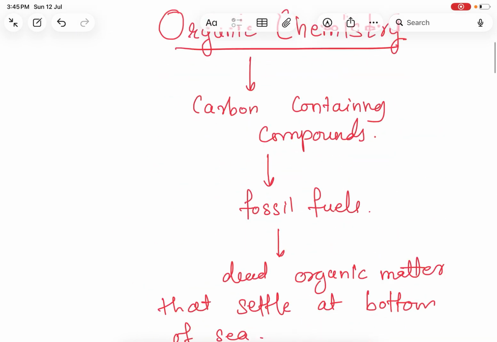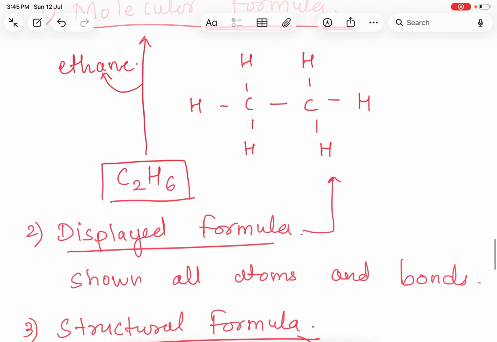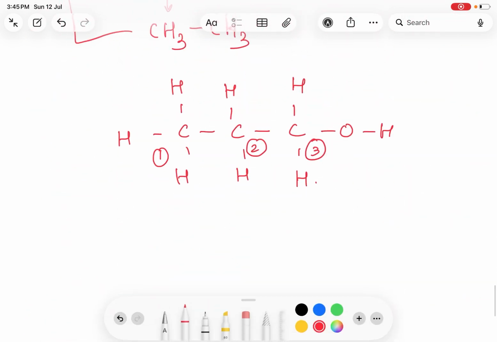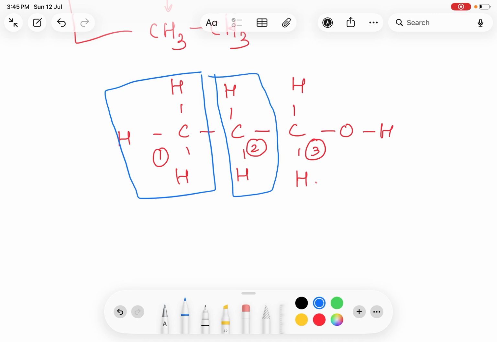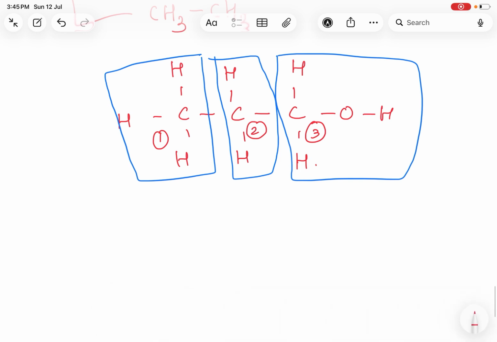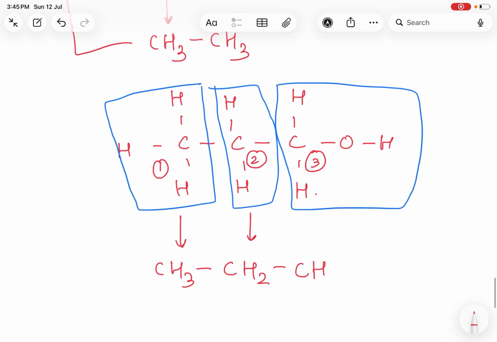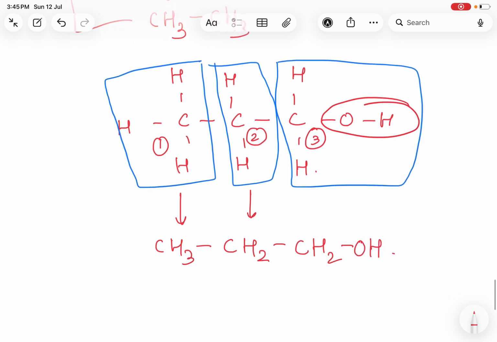So this is my first group, then this is my second group, and this is my third group. This is my CH3, then I have a bond in between, then this is my CH2, a carbon attached to 2 hydrogens, then I have again a carbon which is attached to 2 hydrogens, so I will write CH2, and an OH functional group I am having, so OH. So this becomes my structural formula.